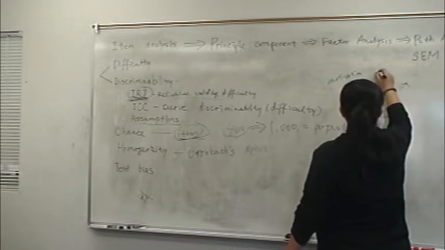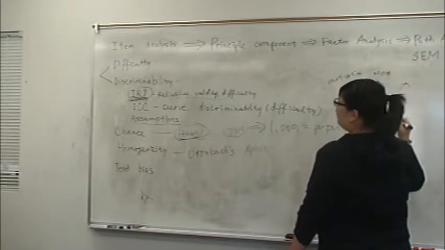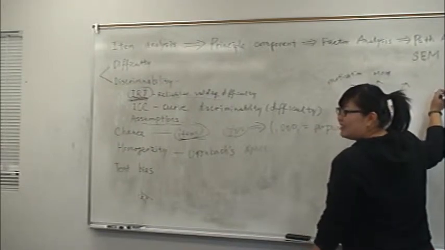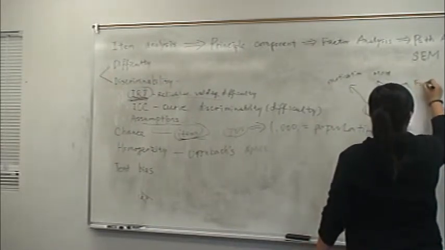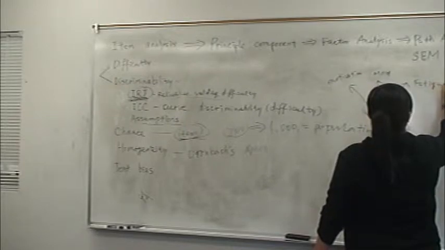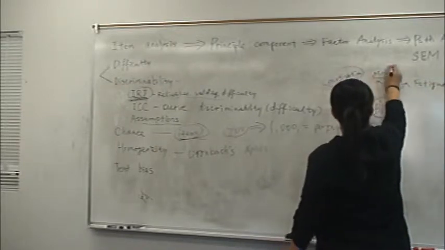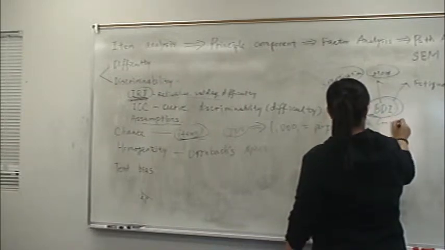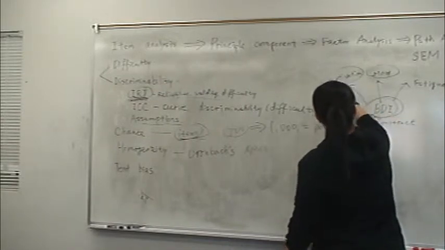Depressed mood, motivation, fatigue. So all of these could be separate aspects you're trying to measure. This is the construct, and these are the facets.